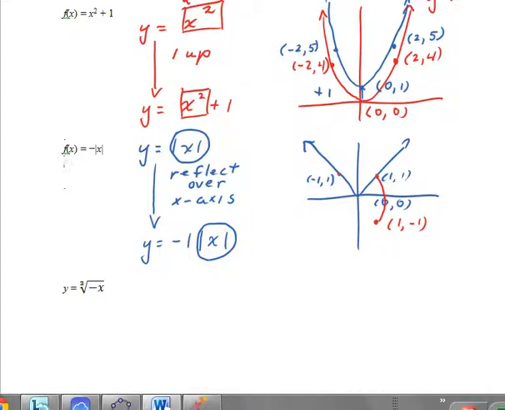This one is going to go to the point -1, -1. 0, 0 is not affected when we reflect because the opposite of 0 is 0. So our new graph, y equals the opposite of the absolute value of x, is a V shape but opening down instead of the standard function that opens up.